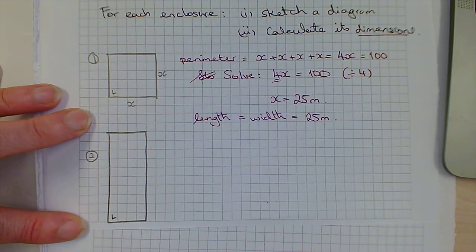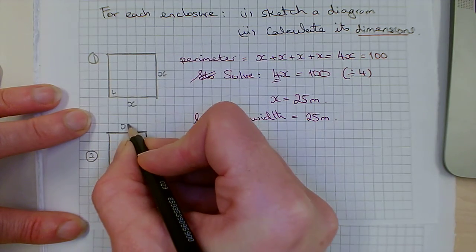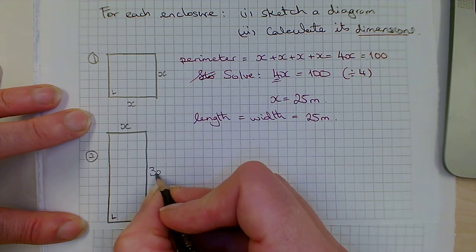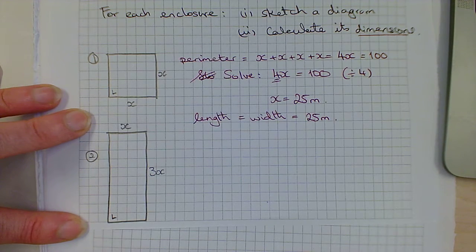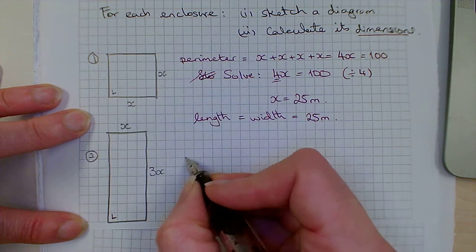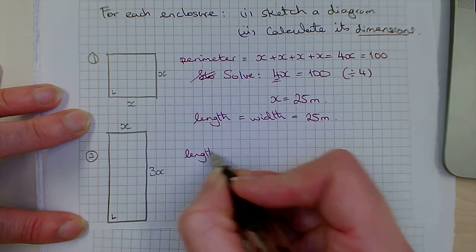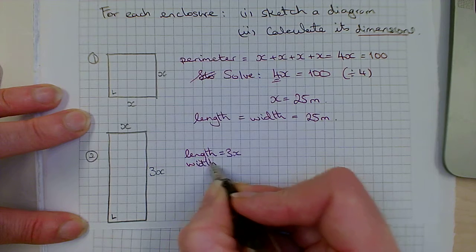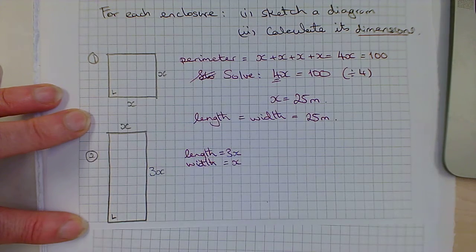In cases like this, it's usually useful to let the smaller side be your unknown, because then you can just multiply it by 3 to get the longer side. Otherwise, I'm dealing with fractions to get a third of the longer one. So the length is 3x and the width is x.